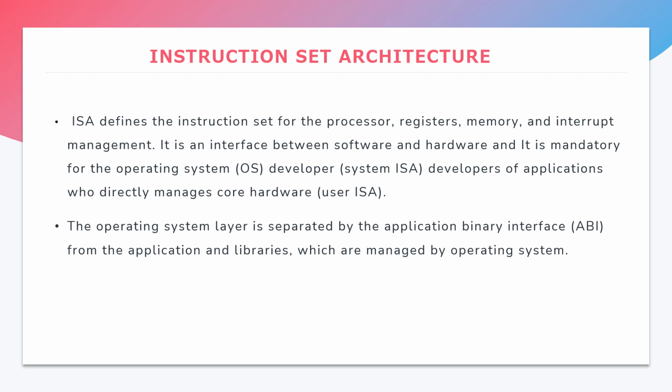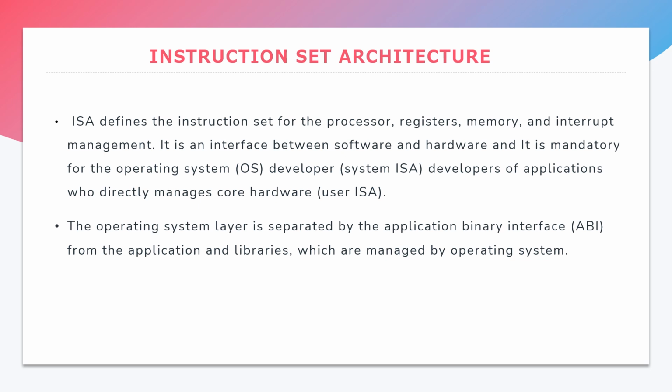It defines the instruction set for the processor, registers, memory, and interrupt management. It is an interface between software and hardware, and it is mandatory for the operating system and developers of applications who directly manage core hardware.